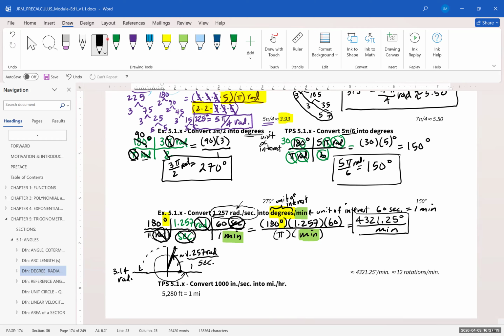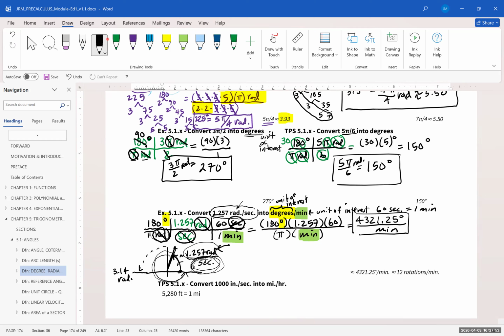So when we're converting these radians per second to degrees per minute, because it goes once around in just about 6 seconds, it's going to be 10 times that number when we convert it into minutes. So we can expect this angle measure to be large because we're going to have multiple rotations in there.